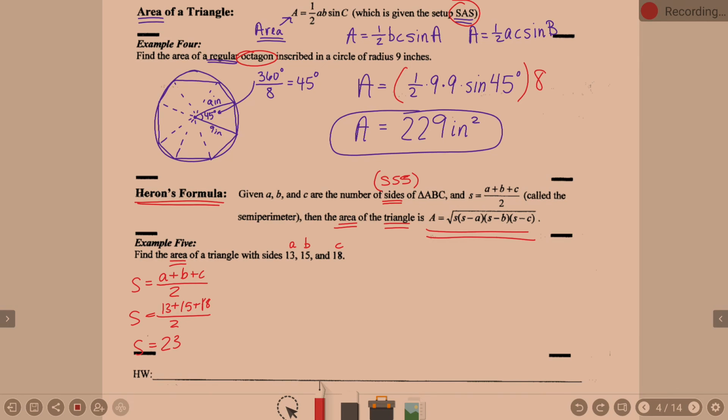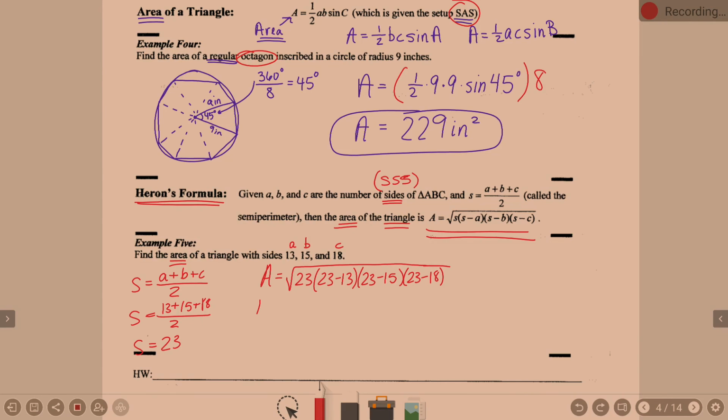We're trying to find area, so I'm going to use capital A equals the big old square root of S, which is 23, times, in parentheses, S minus A, so 23 minus 13, times S minus B, so 23 minus 15, times S minus C, so 23 minus 18.